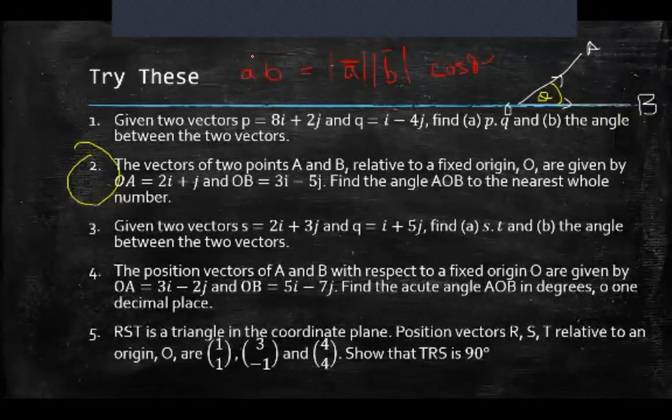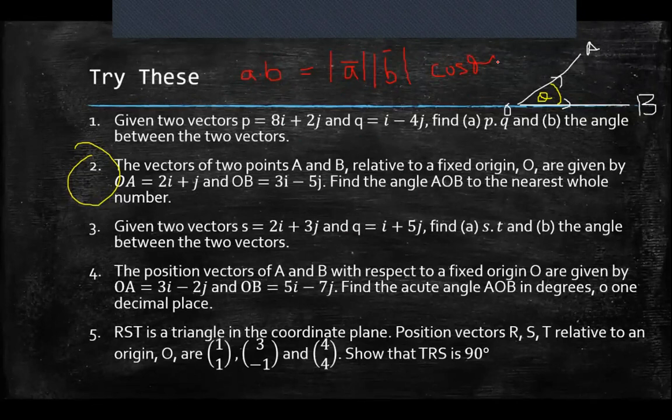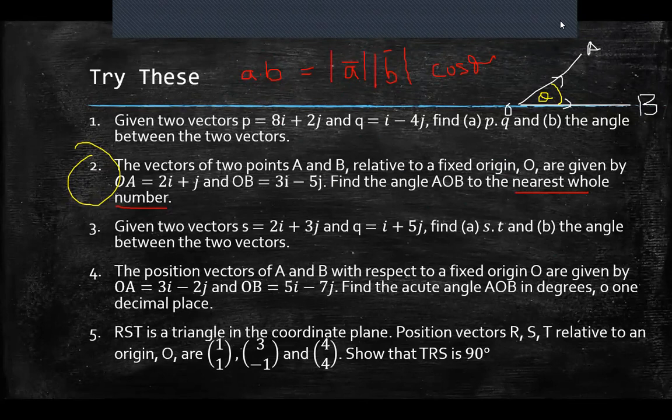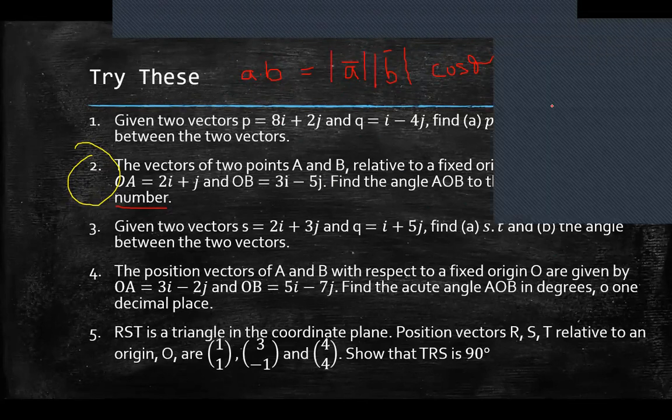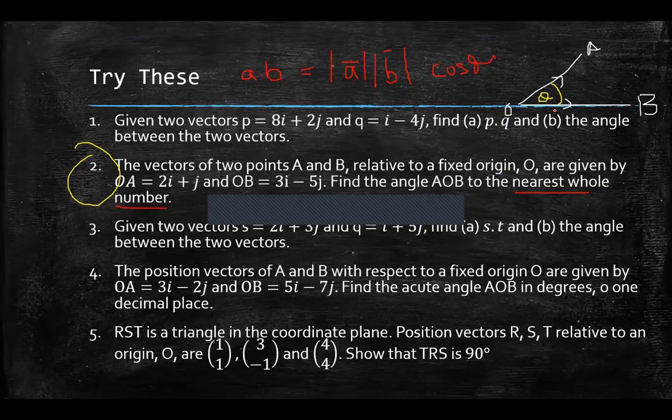You need to find the dot product. You need the magnitude of each one, and then you'll be able to find the angle theta. That's it. In this case, they ask you for the nearest whole number, so you don't put a decimal. You need to put a whole number, right? That's all you have to do. Let me know when you finish.